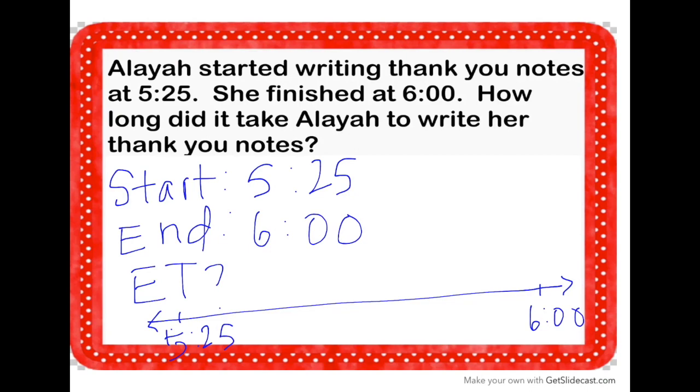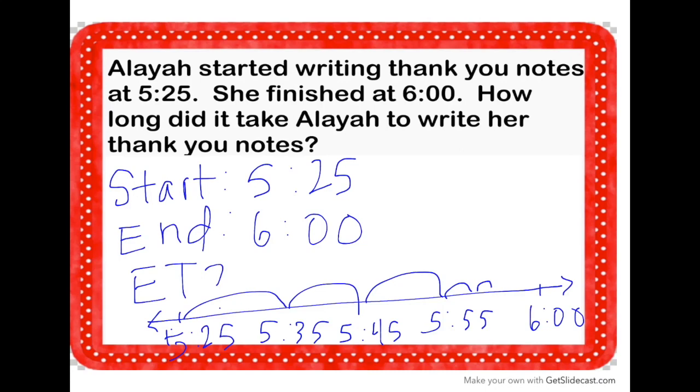I'm going to jump in 10-minute increments. 5:25 plus 10 more minutes will put me at 5:35, plus 10 more minutes, 5:45, 10 more minutes, 5:55, and I'm pretty close to 6 o'clock. Let's count by ones. 5:55, 5:56, 5:57, 5:58, 5:59, 6 o'clock.